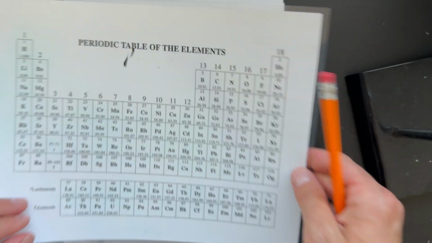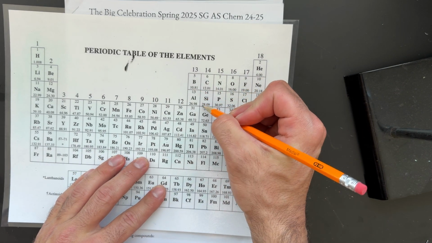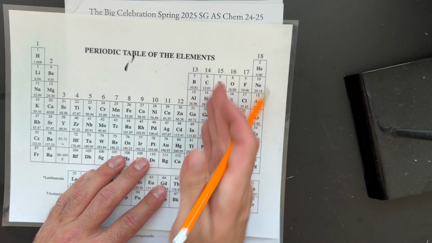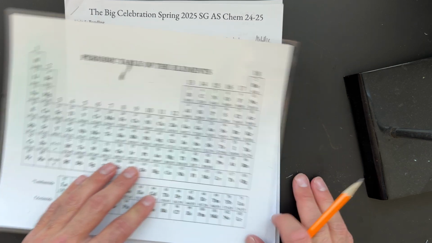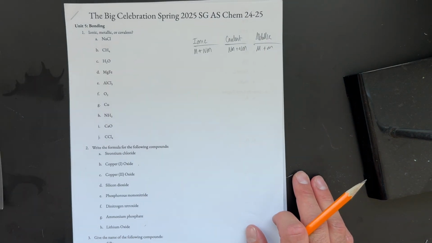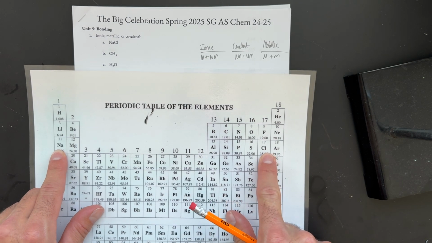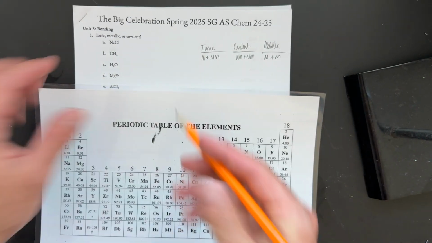So grab a periodic table. Remember the staircase, that's also going to be up during the celebration. You can make the staircase, remembering that everything on the left is a metal, everything on the right is a non-metal. And so here, NaCl: Na is a metal, Cl is a non-metal, so this clearly falls under the category of ionic.